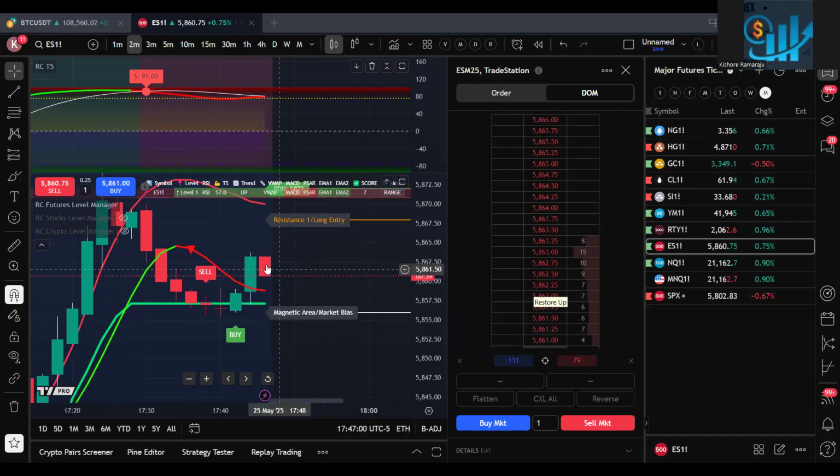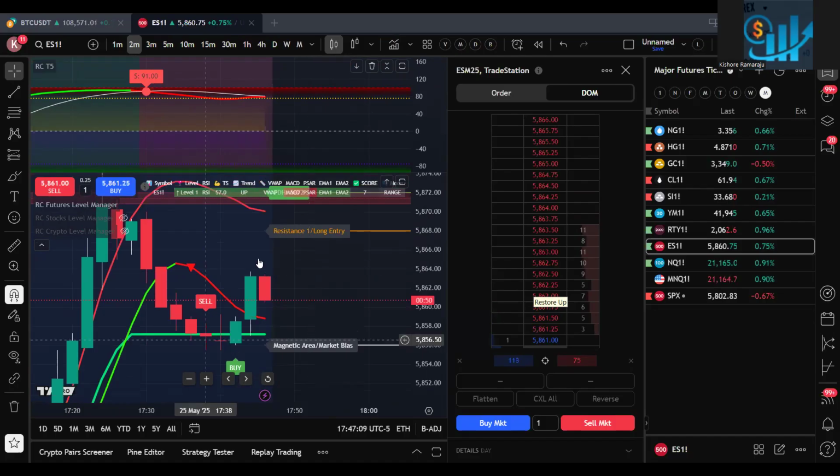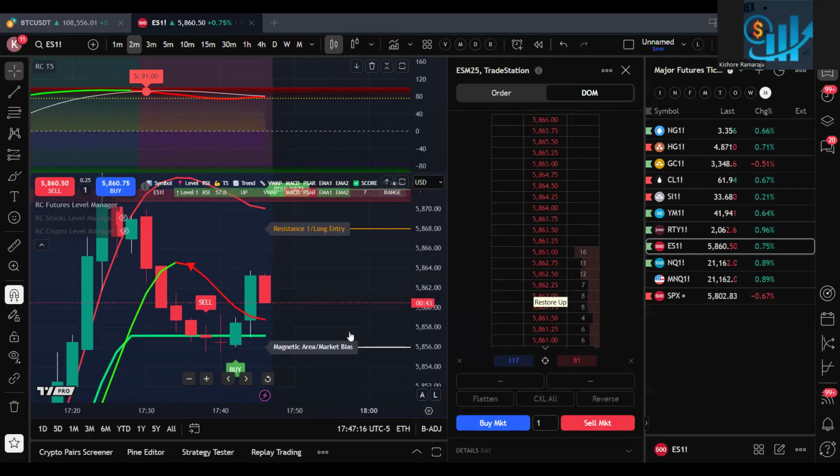Price will touch this and again go further up. You are in a buy signal, but buy doesn't mean it will only keep going up. It will go up, do a small pullback, go up, do a small pullback. So you have to wait for price to come close to this line, and again you can enter one more time.